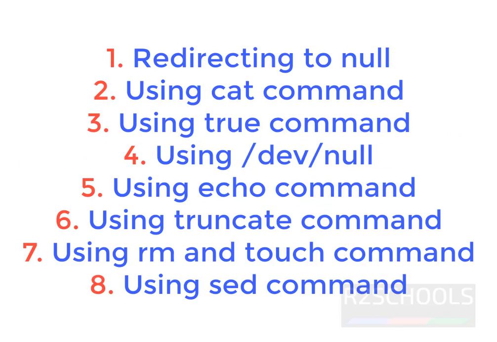Number 1 is redirecting to null, 2 using the cat command, 3 using the true command, and fourth is using /dev/null, fifth is using the echo command, sixth is by using the truncate command, seventh is by using remove, that is rm, and touch command, and the last way is by using the sed command. Sed means stream editor. Let's see example one.